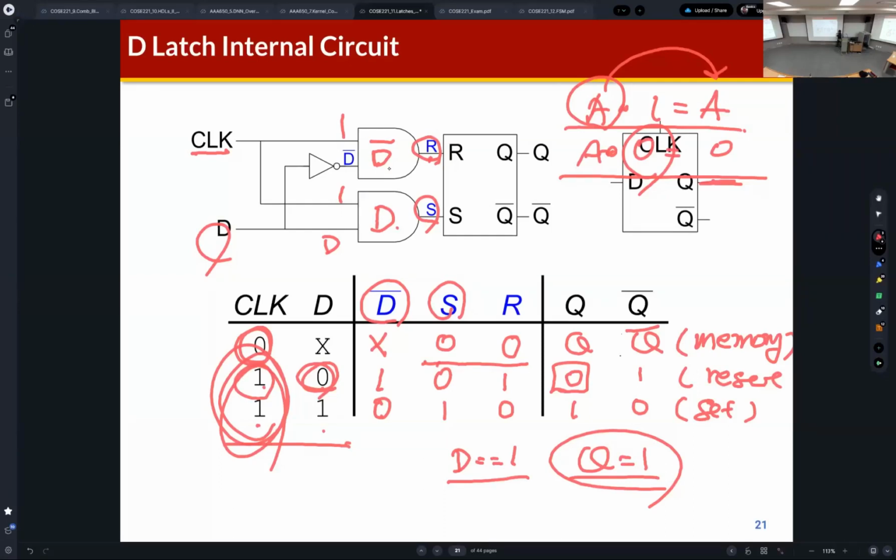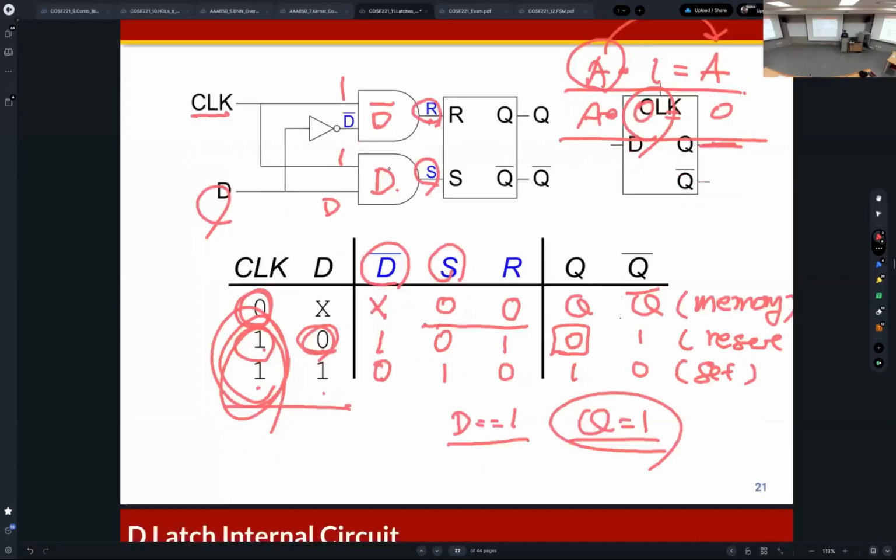This is also a clock signal, which just repeats between 1 and 0. When the clock signal is 0, Q holds its value, but when the clock signal is 1, Q is equivalent to D.